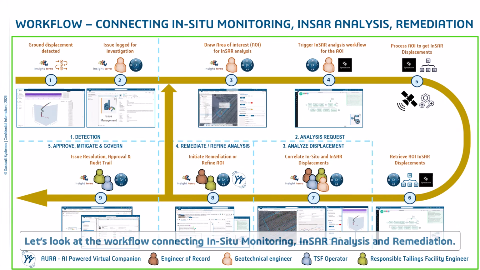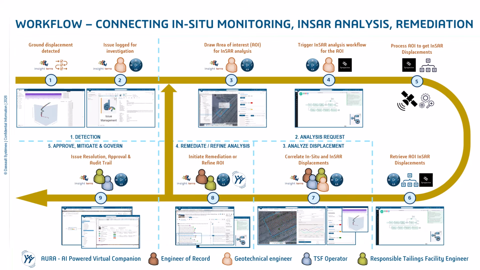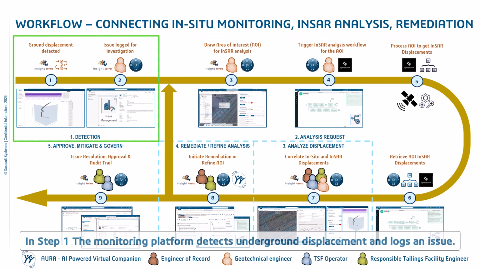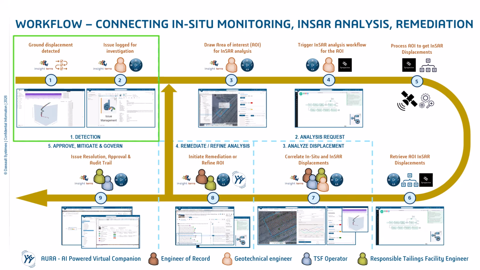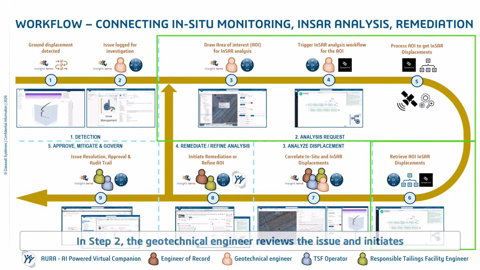Let's look at the workflow connecting in-situ monitoring, INSAR analysis, and remediation. In Step 1, the monitoring platform detects underground displacement and logs an issue. In Step 2, the geotechnical engineer reviews the issue and initiates the automated INSAR workflow to investigate the reported area.